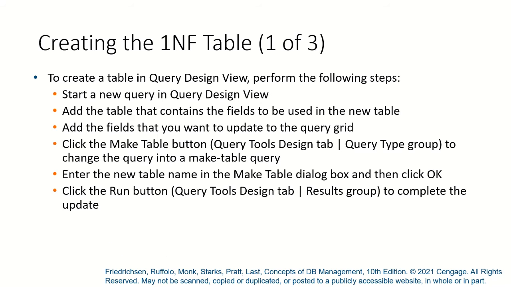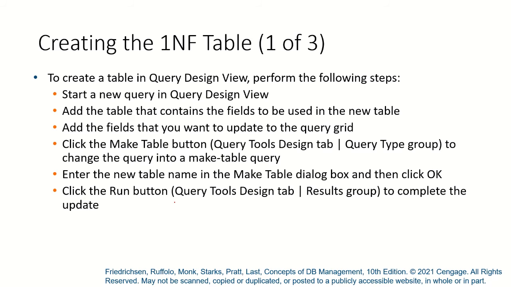The next step is to create the first normal table. To create a table in the query design view, perform the following steps. Start a new query in the query design view. Add the table that contains the fields to be used in the new table. Add the fields to the query grid. Click the Make Table button. Enter the new table name in the Make Table dialog box and then click OK.